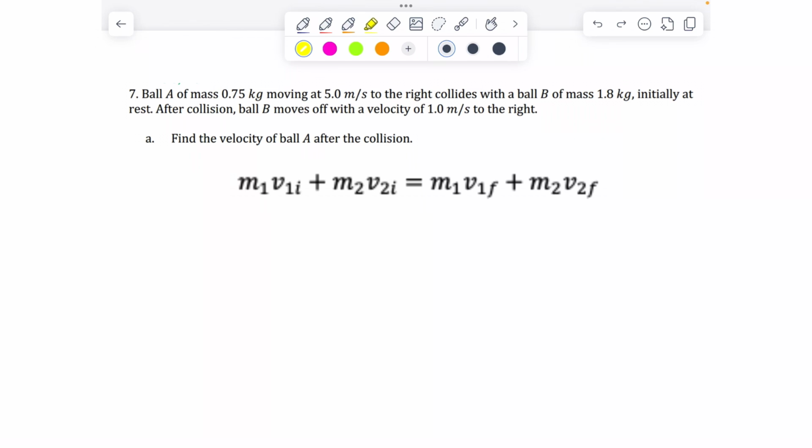So basically, the left side of the equation is before the collision, and the right side of the equation is after the collision.